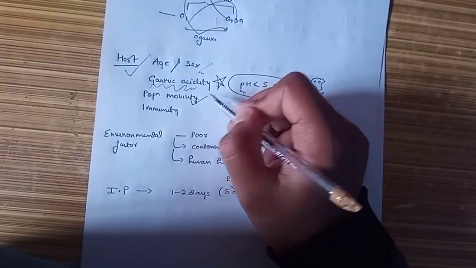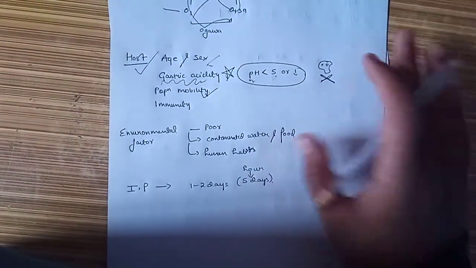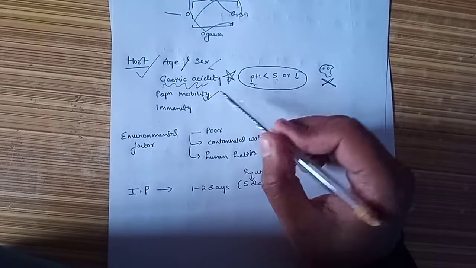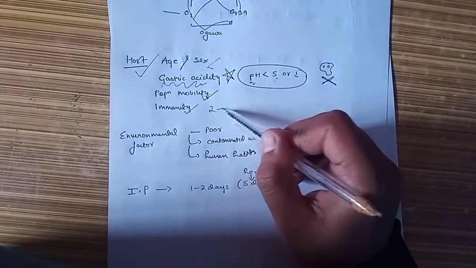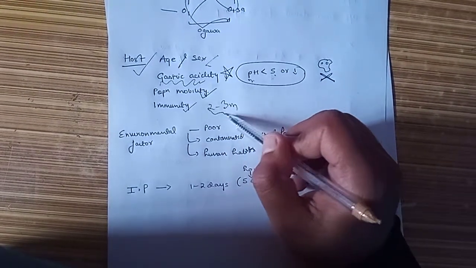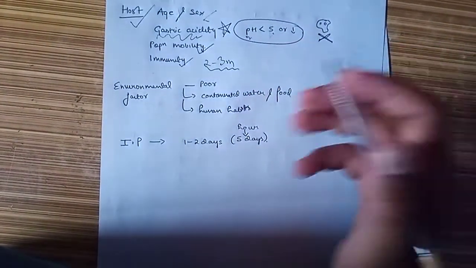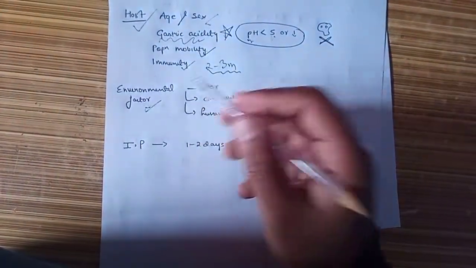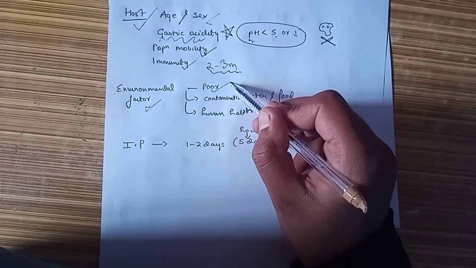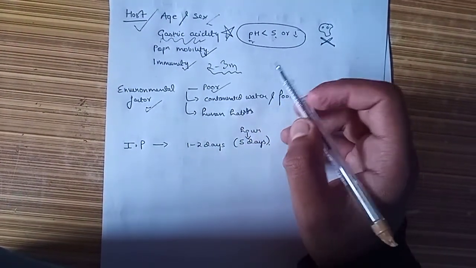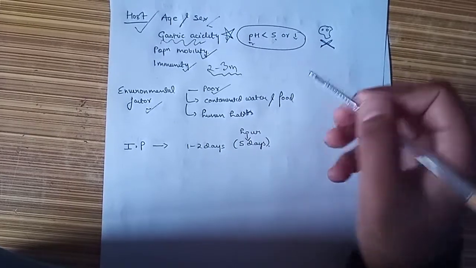Population mobility is an important factor which regulates the Vibrio cholerae epidemics. Now, immunity lasts only for 2 to 3 months in case of infection of cholera, so that is not that significant.